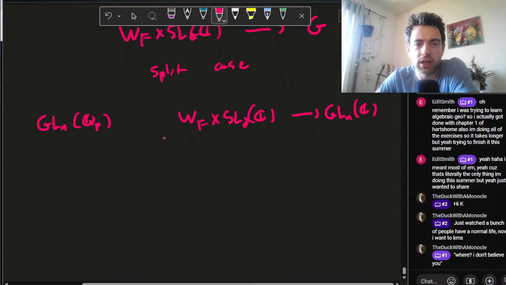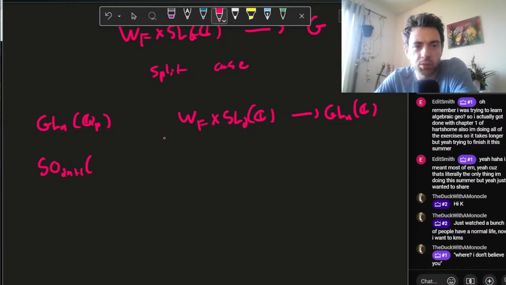If we were looking at SO(2n+1, Q_p), we would be looking at homomorphisms into Sp_2n(C).